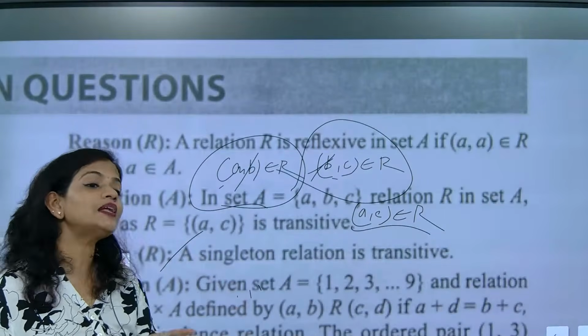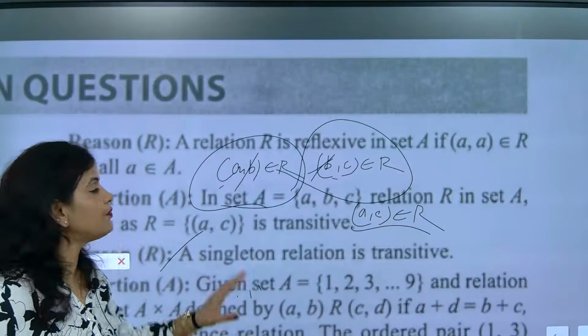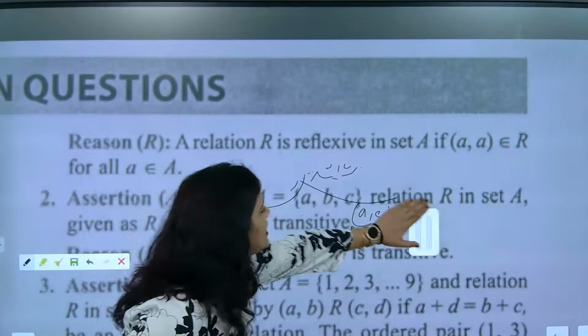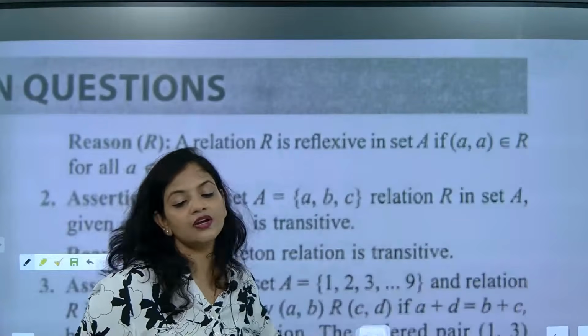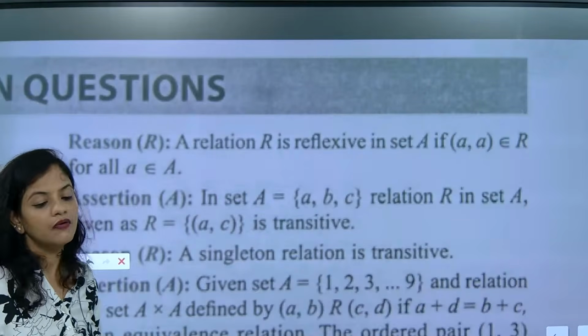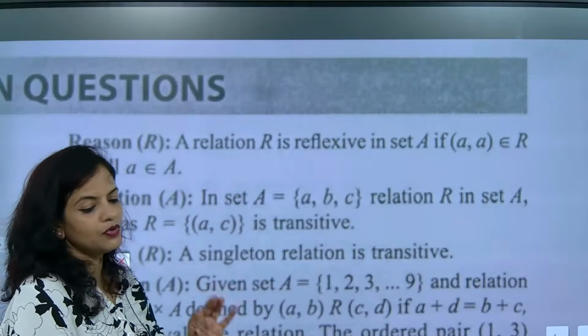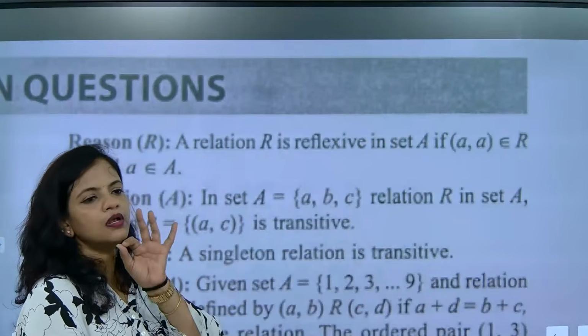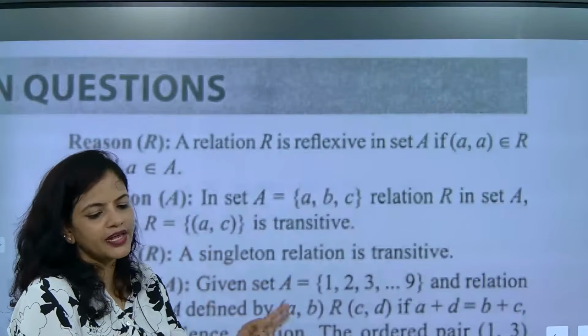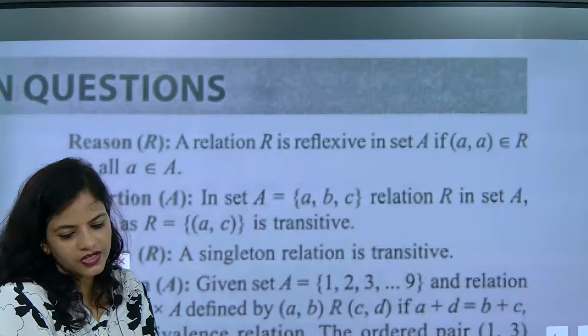But this is one type of transitive relation. Another type comes when we are talking about isolation, when the elements do not have any connectivity. Understood? A total lack of connection also gives a transitive relation.